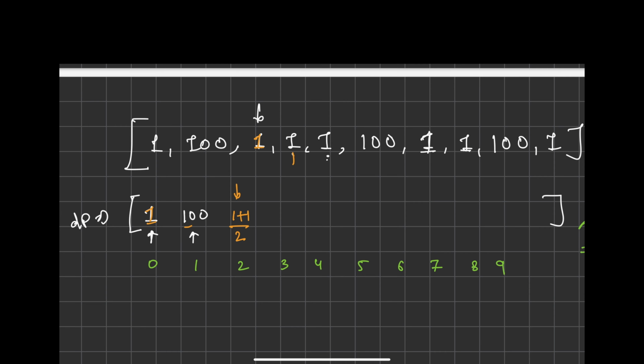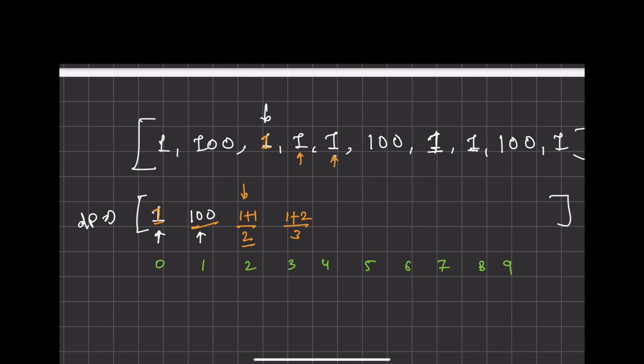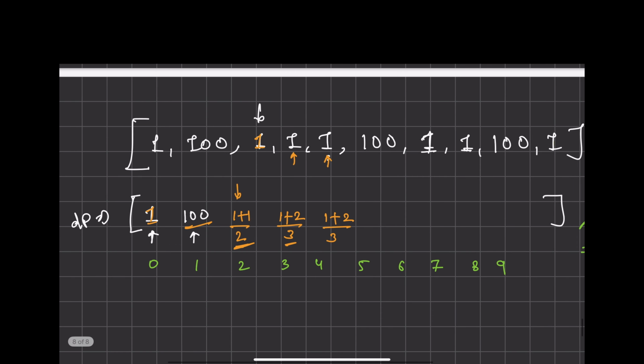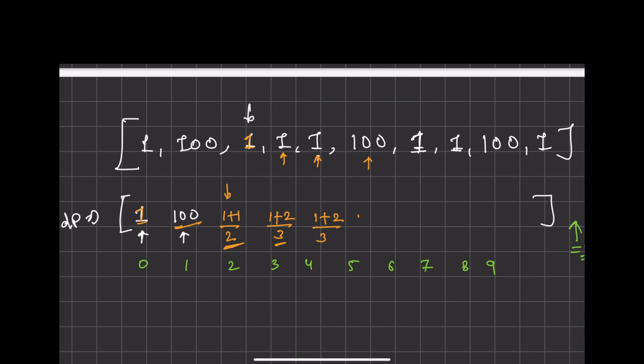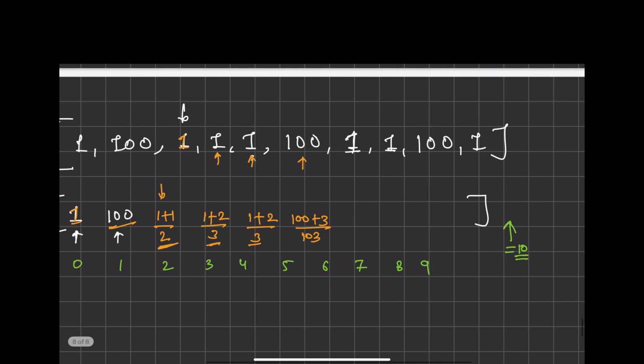Now the cost here: 1 plus minimum of 100 or 2, so 3. Now here: 1 plus minimum of the previous two, 2 or 3, so it comes as 3. Now here: 100 plus minimum of previous 3 or 3, you can take any of them, 103.